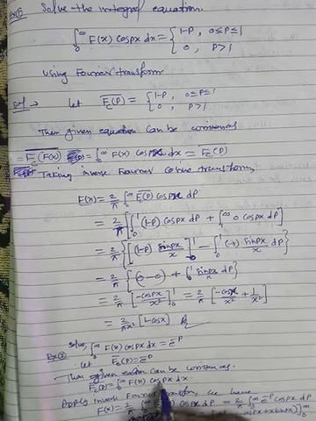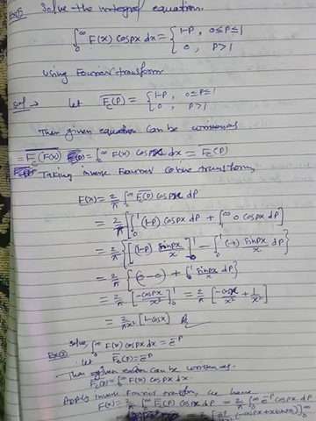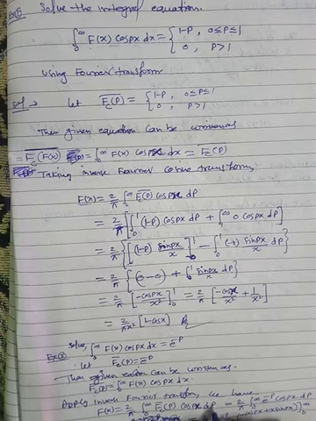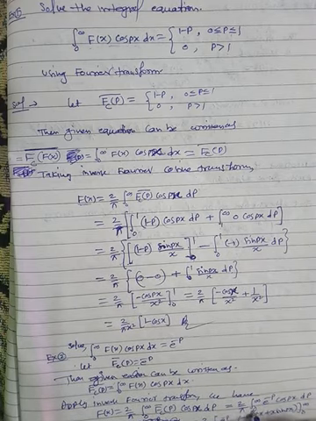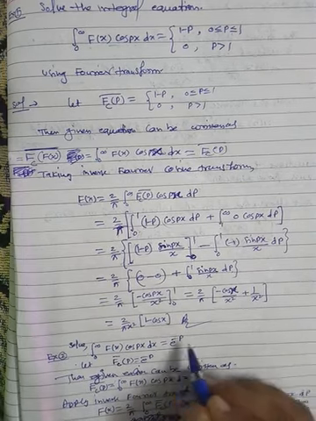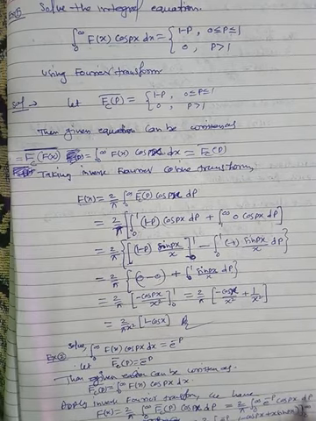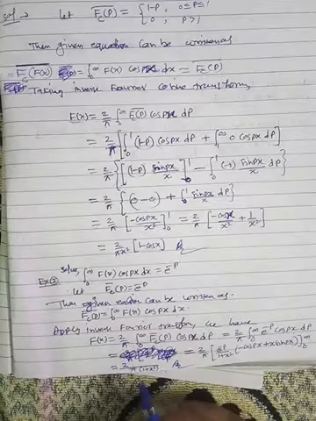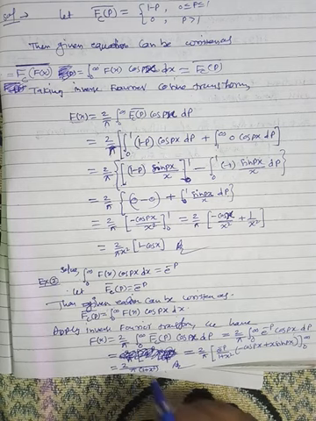So the inverse Fourier cosine transform will be f(x) equals 2 by pi times the integral from 0 to infinity of F_c(p) bar cos px dp, which is 2 by pi times the integral of e raised to the power minus p cos px dp. Integrating and applying the limits, after solving this, the solution is 2 upon pi times 1 over 1 plus x square.